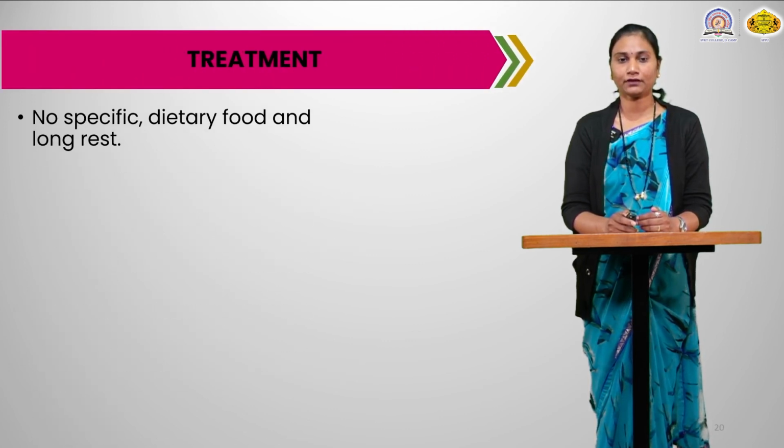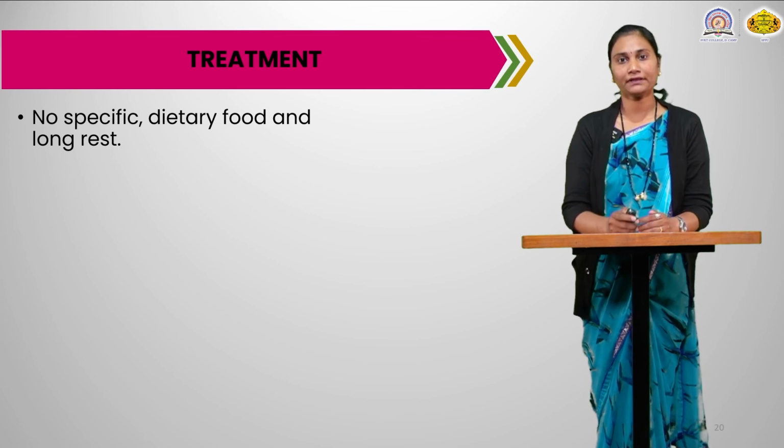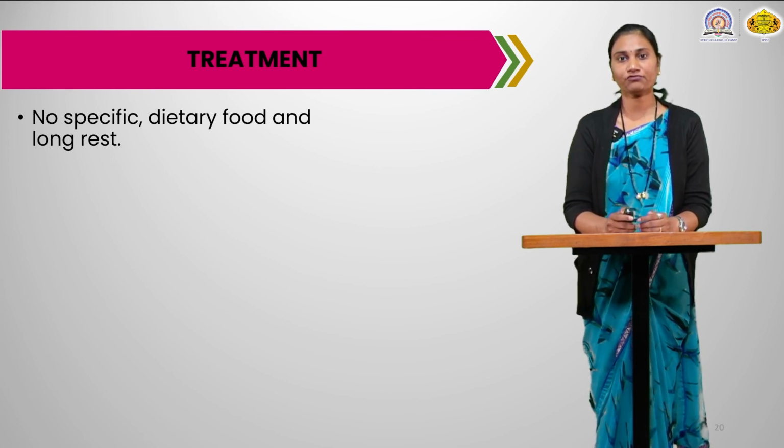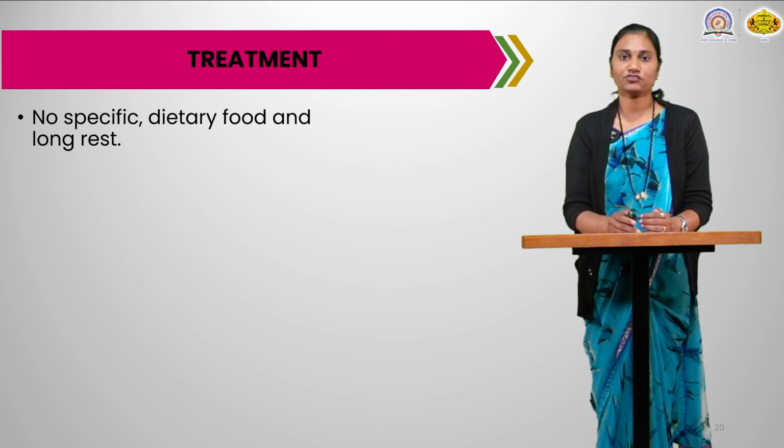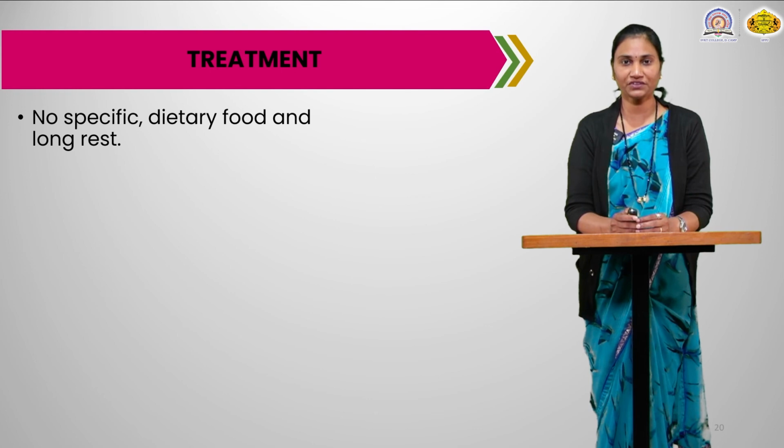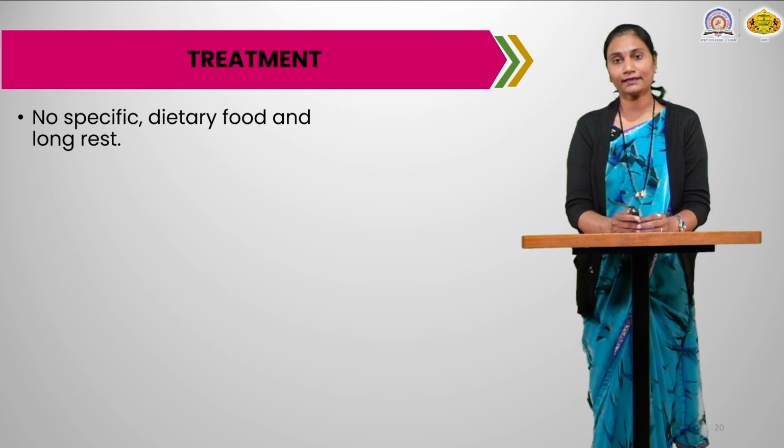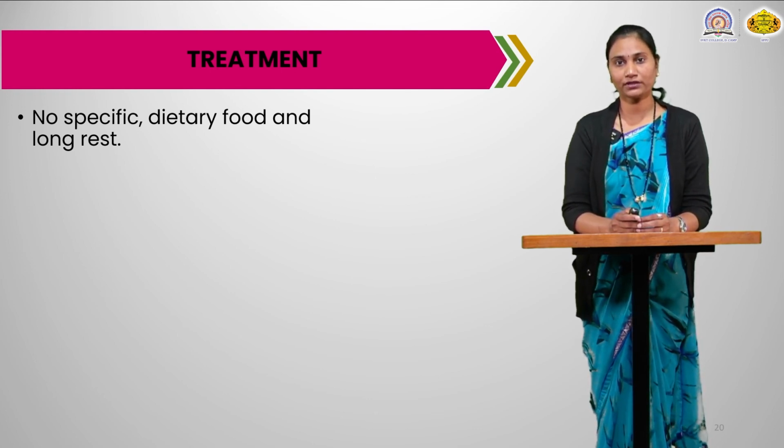Talking about treatment. Hepatitis A infection is generally self-limiting. After some period of time, the disease itself stops, and therefore in case of hepatitis A virus, there is no specific treatment, no specific drug available to treat this infection.